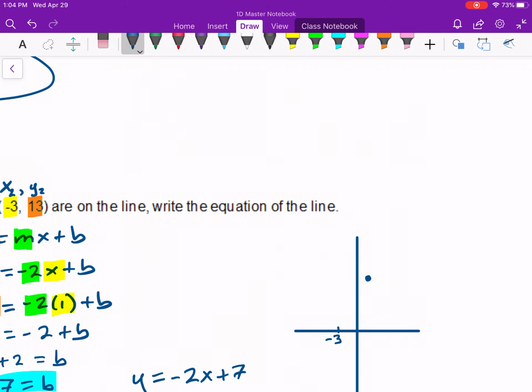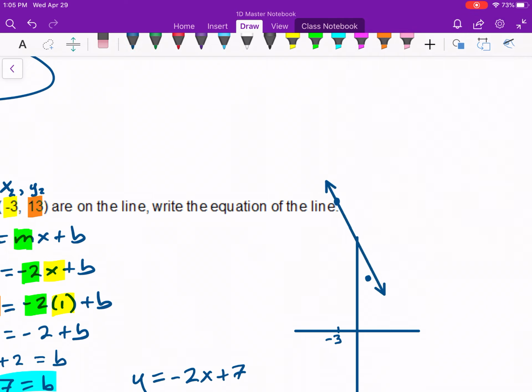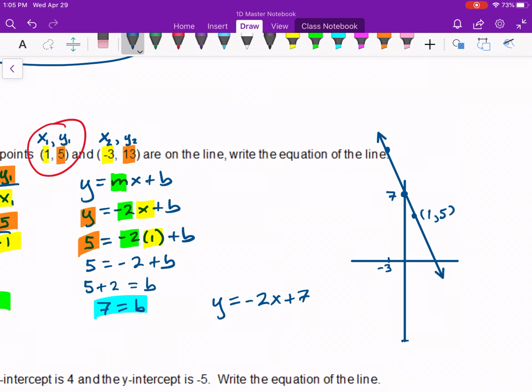It'd be up here near this line, and that means that my graph would have looked more like this. And remember, if this was the point (1, 5), then yeah, my y-intercept should be about 7. And now things make sense to me again, and I feel good about it.